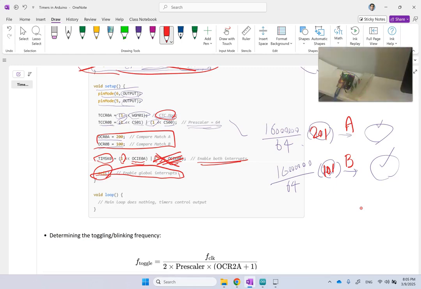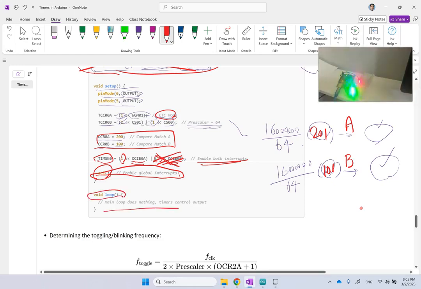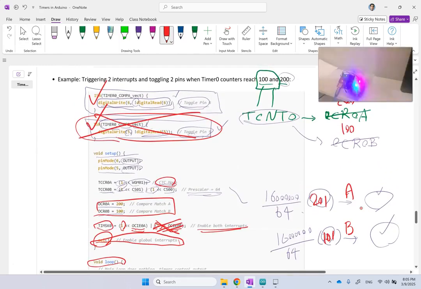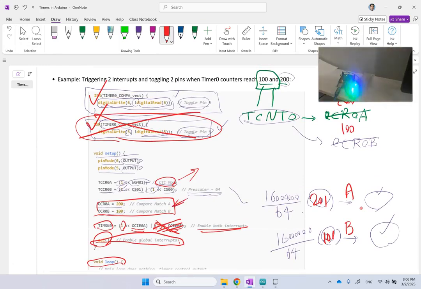The other thing is, in the loop, I don't need to do anything. Really? No, because these timers, when you set them up, they start counting. And anytime they reach these predefined values, those interrupts will happen and the toggling will happen.